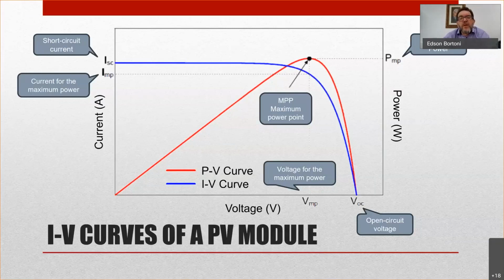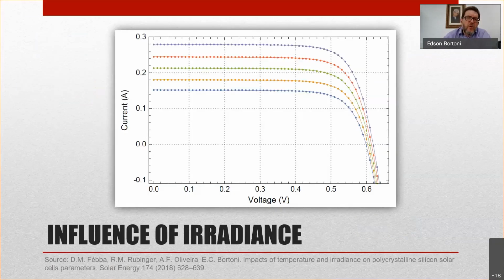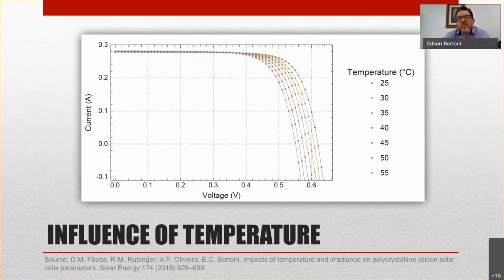The influence of temperature: the increase of temperature tries to reduce the short circuit current, and also tries to reduce the open circuit voltage. So temperature is an enemy of the solar panel and solar cells.